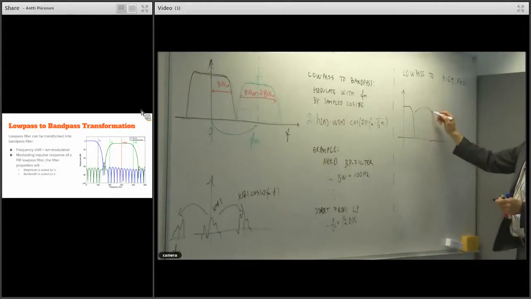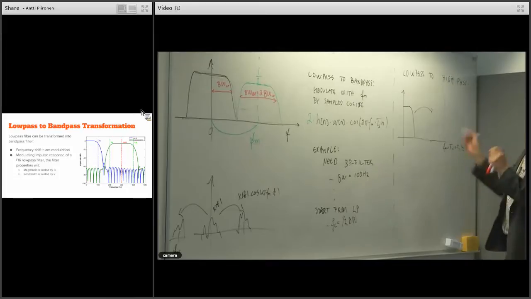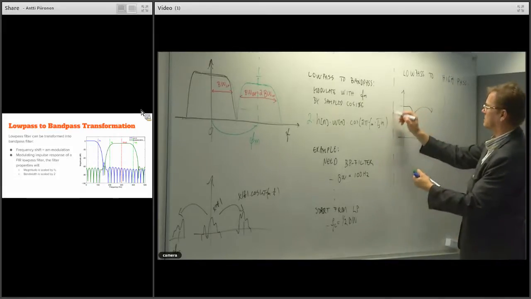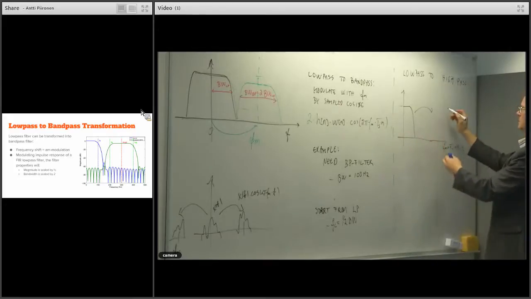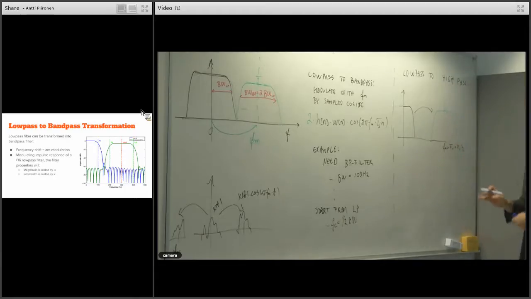We transfer it so that our modulation frequency is the Nyquist frequency, sampling rate over 2. Well, this one is then transferred here, so it actually goes something like this. Well, that's the other side of the edge, but okay.